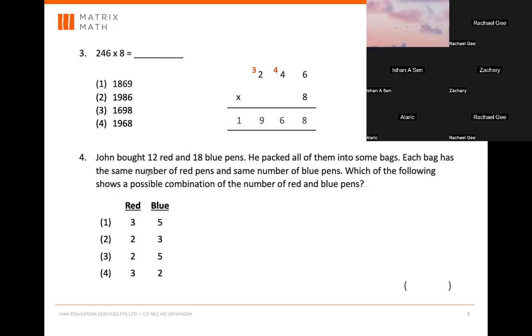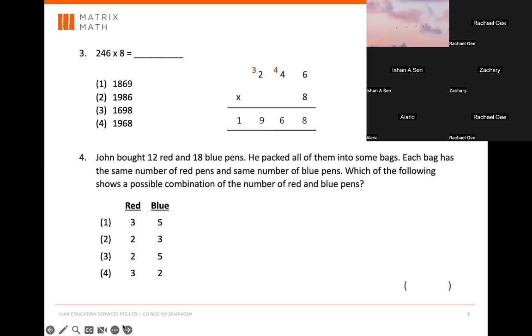Each bag has the same number of red pens and the same number of blue pens. So they will be asking, is it that red and blue pens have the same number? Actually, no. They're just telling you that, okay, you pack them into bags, right? So every bag will have the same number of red pens inside, and every bag will have the same number of blue pens. They do not have equal red pens and equal blue pens.